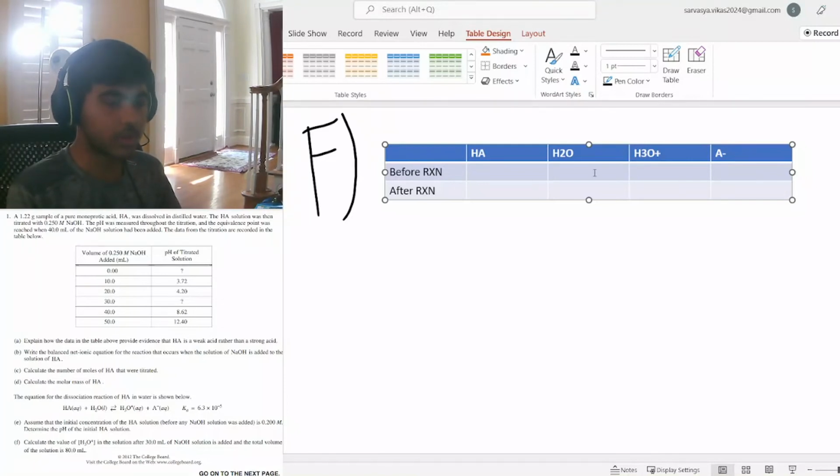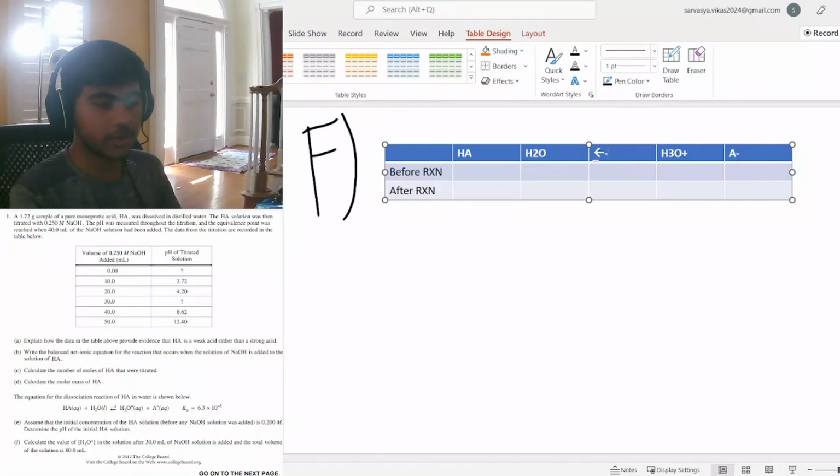And then, of course, we can add a cell to the left, insert columns to the right, and that's going to be our arrow. And of course it goes in both ways since this is equilibrium.